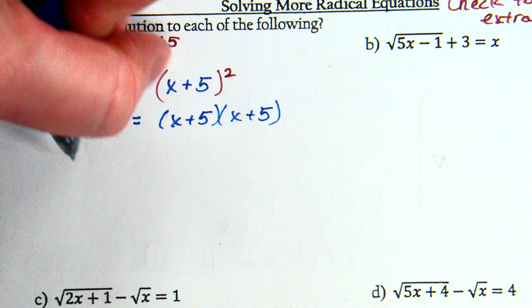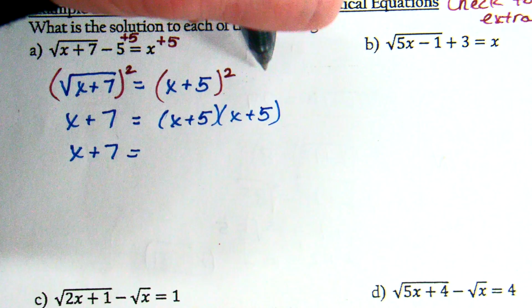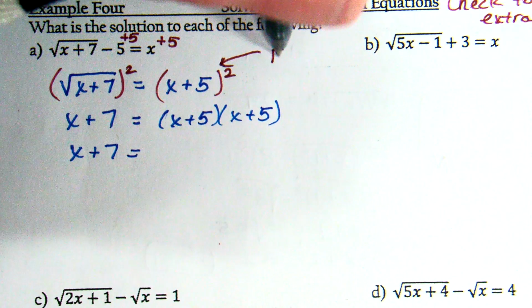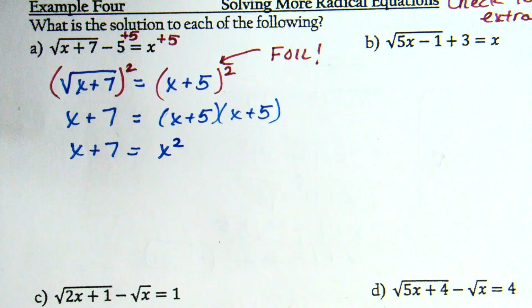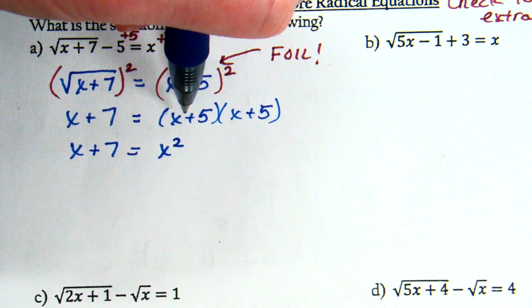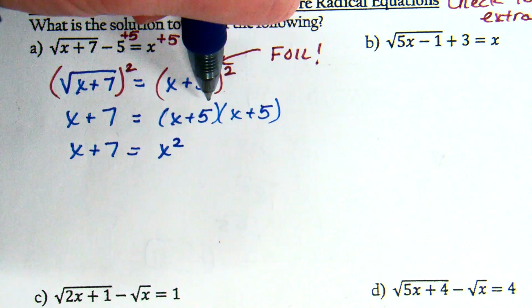So, x plus 7. And then we are going to FOIL this right side. First, x times x is x squared. Outside, x times 5 is 5x. Inside, 5 times x, 5x.